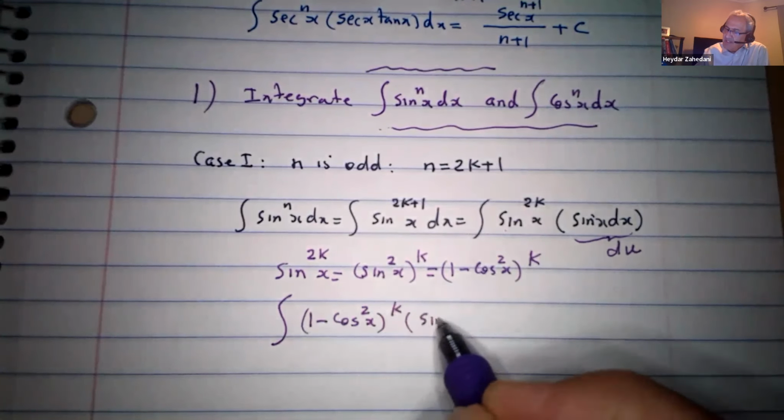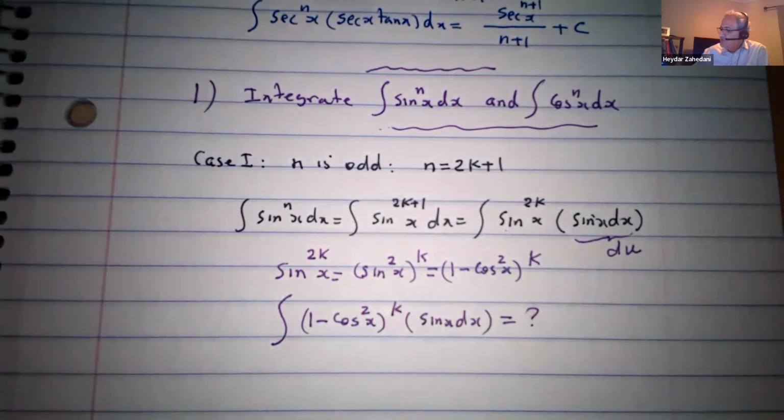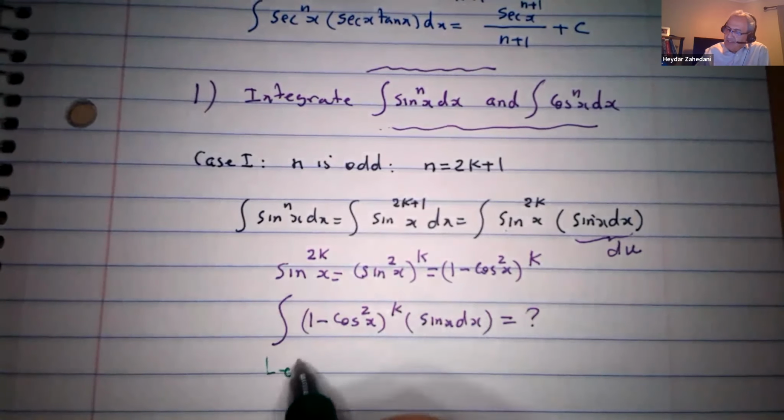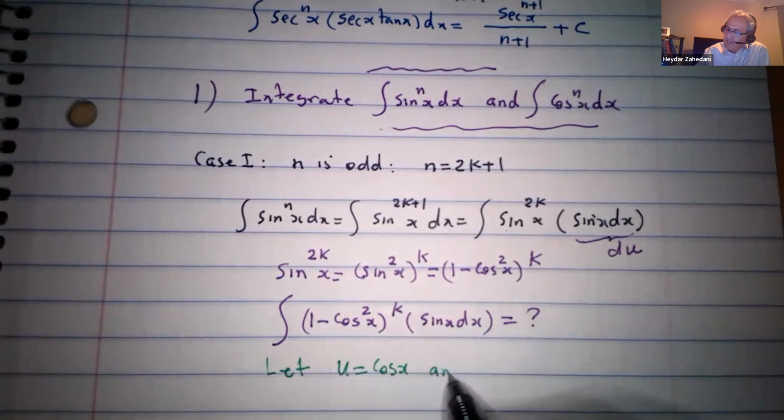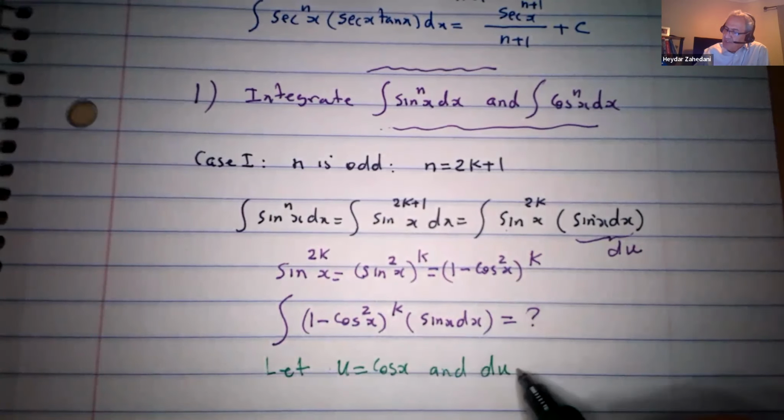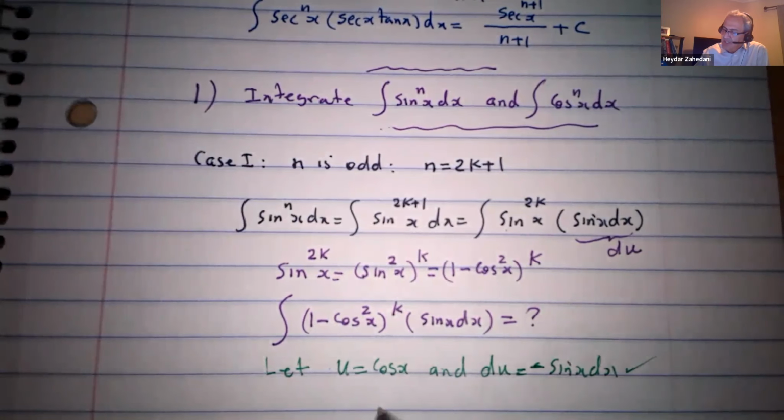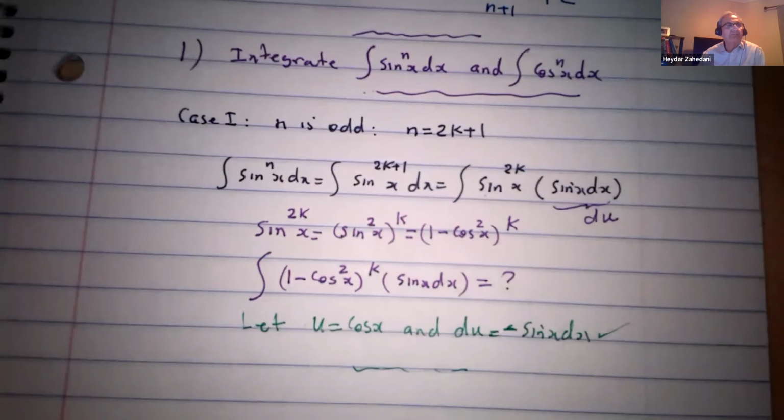In order to do this integral, you just use the u substitution. You're going to let u be cosine x, and your du automatically would be negative sine x dx. Then you substitute and you'll be able to do it.